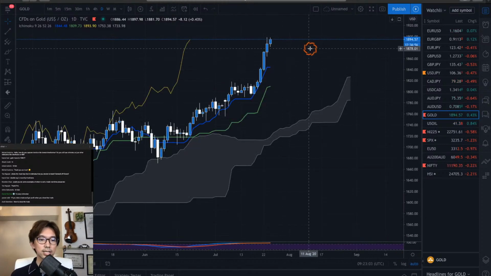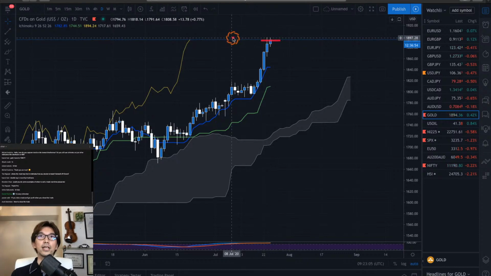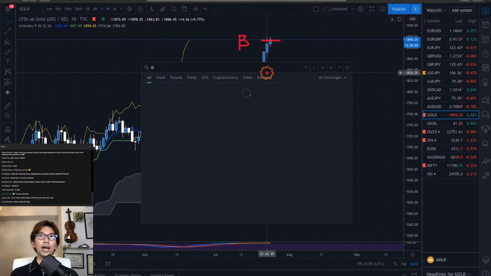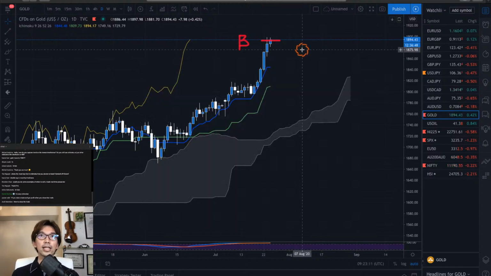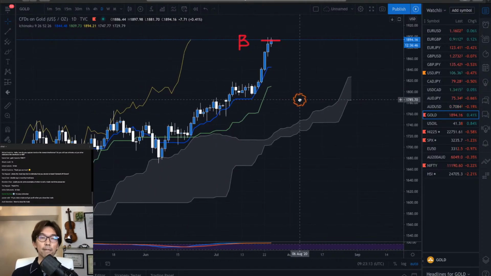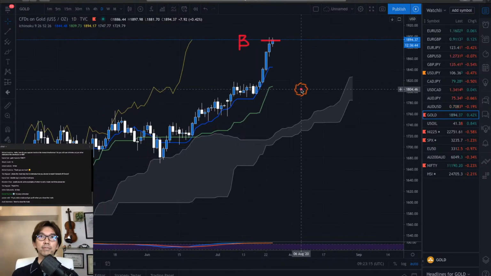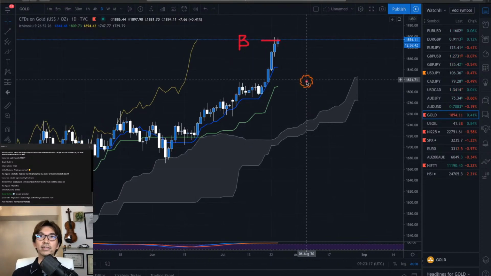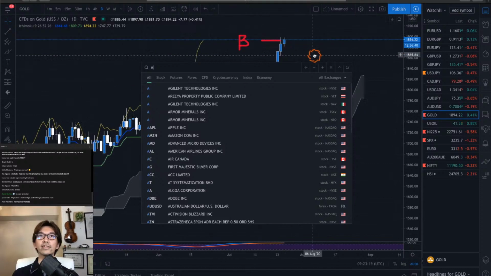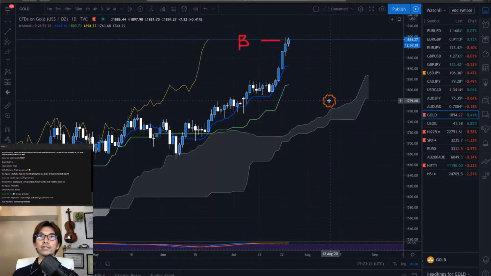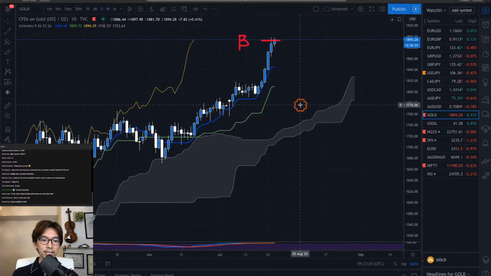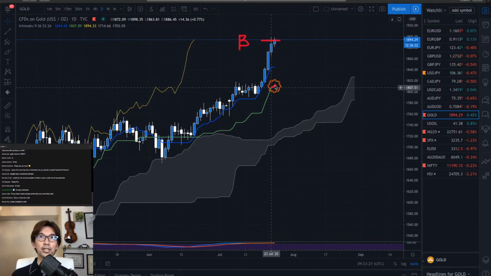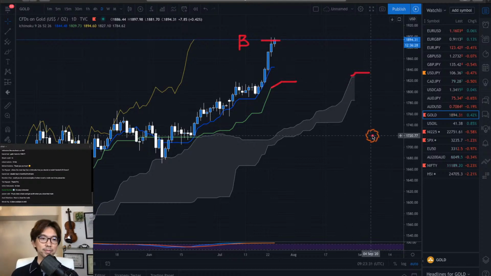So let's say I take a buy here, by looking at the lower time frames. Then I will keep holding it until, hold on, it keeps moving. Okay, there you go. So let's say I take a buy here. Then I just keep holding it until the Kijun Sen becomes flat and Senkou Span A becomes flat.